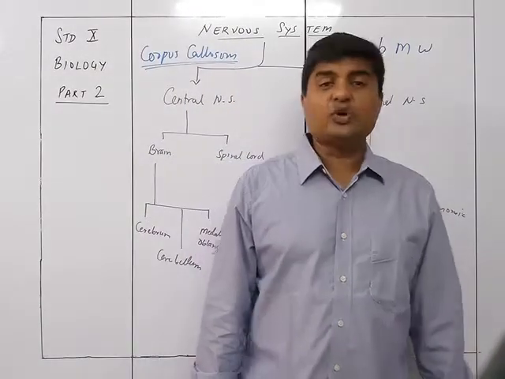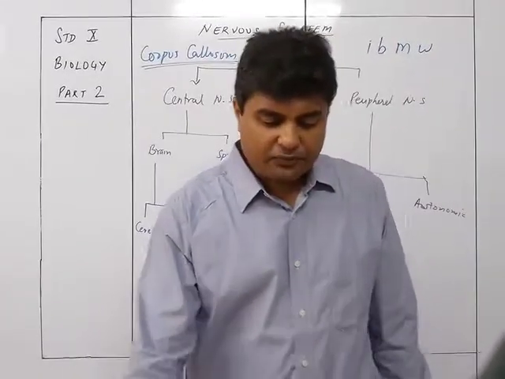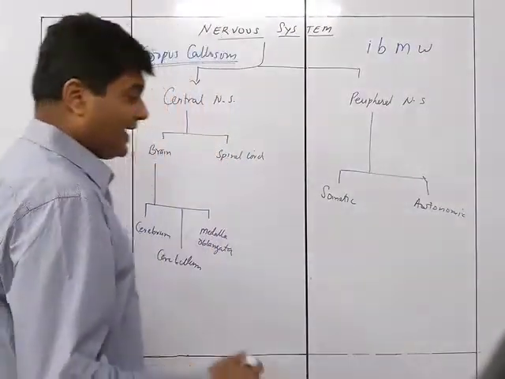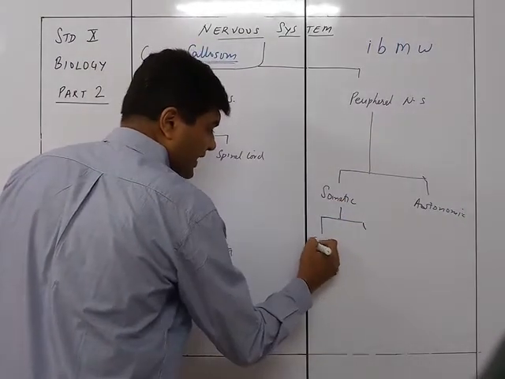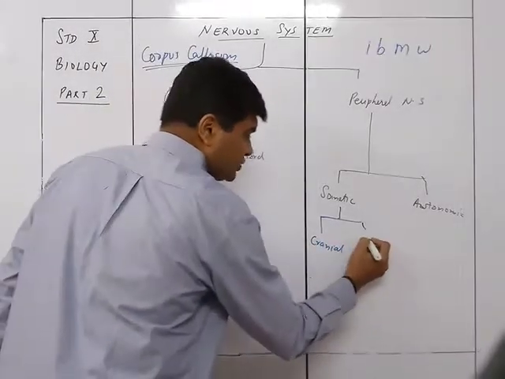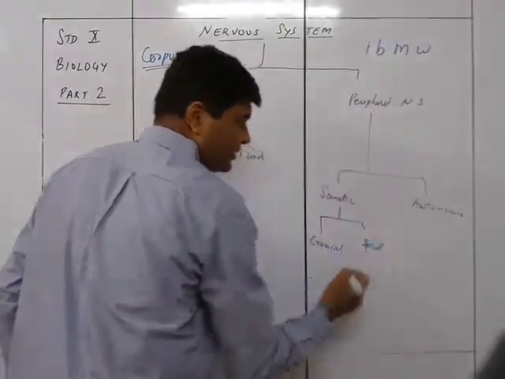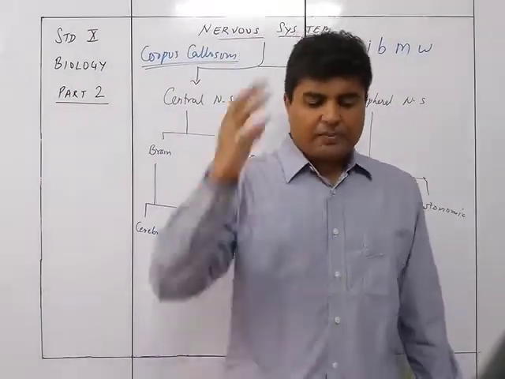First of all, let's see the somatic nervous system. It consists of two sets of nerves, cranial and spinal. Cranial means the head part and spinal is the lower part of the body. The cranial nerves emerge from the brain.